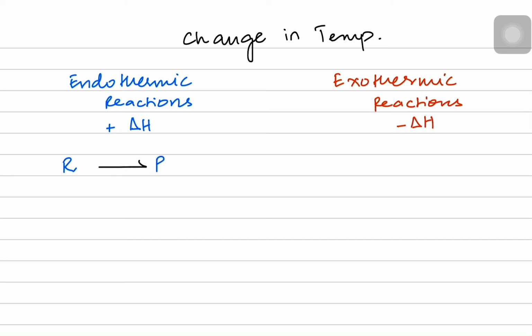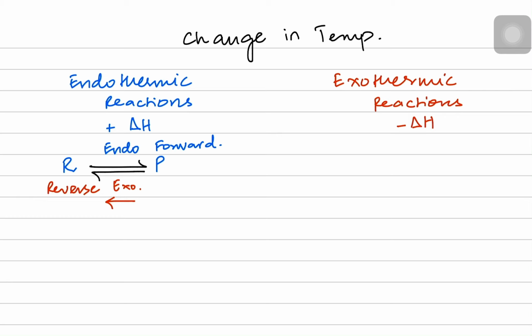In endothermic reactions, the forward reaction is endothermic. So don't forget that an endothermic reaction means the forward is endothermic, but the reverse would be exothermic, because the reverse reaction is actually the opposite of the forward one.